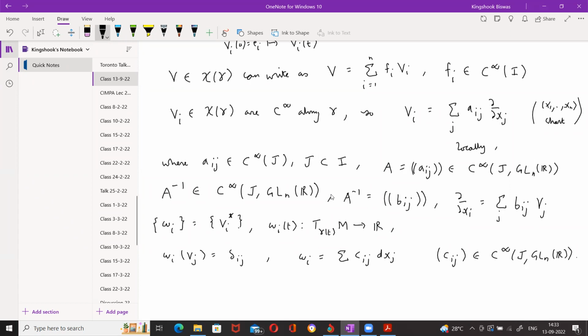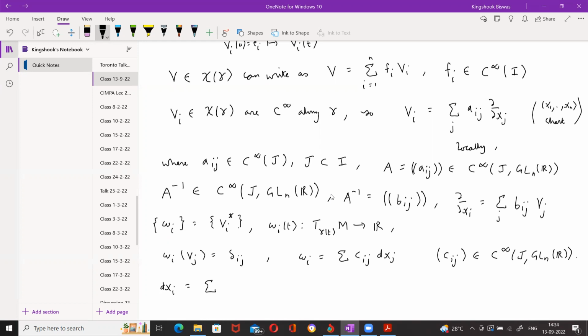Oh, wait. No. Wait, why are the Cijs smooth? One second. Let me just think for a second. So, okay. Let me do it the other way. Let me write dxi in terms of the omega i's.